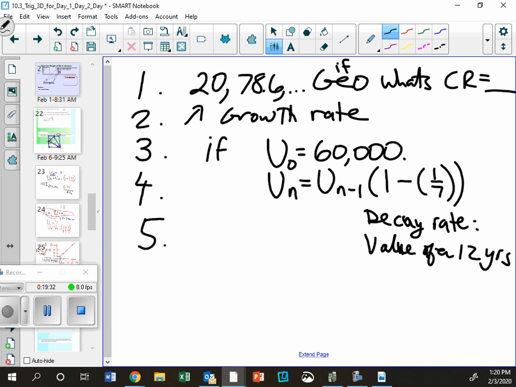You'll definitely want to use the calculator for that one. Notice this is me subtracting from 1/7. Couldn't I change that to a decimal? Sure you could.